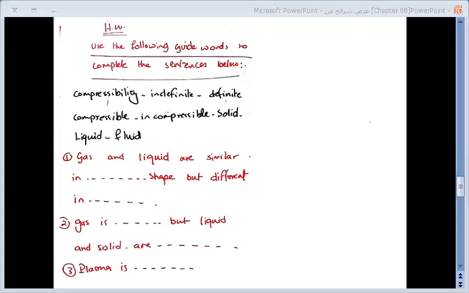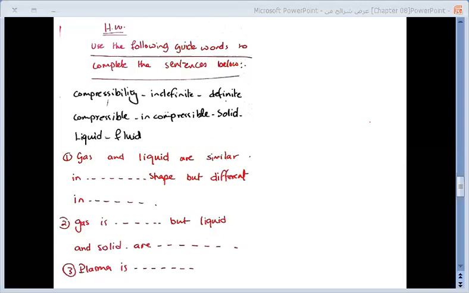Mohammed wants to answer. Go ahead, Mohammed. Gas is compressible, but liquid and solid are incompressible. Excellent, Mohammed. Thank you very much.